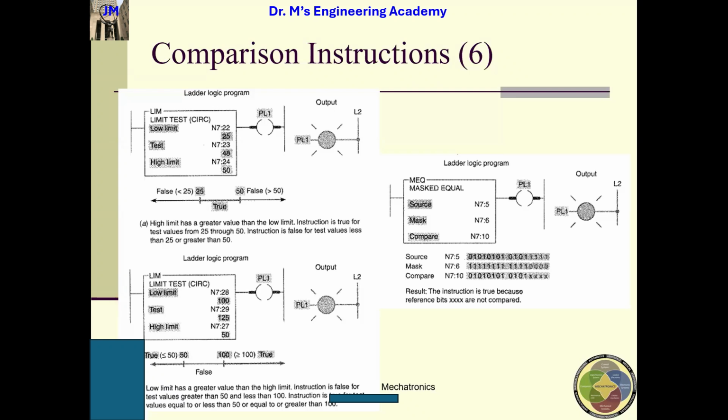This is an address. When we run the simulation, this is the program. At some instant, we do not know which value is high and which value is low, because they are changing. Right? So if the lower limit has the higher value, within this range, false. Outside this range is true.